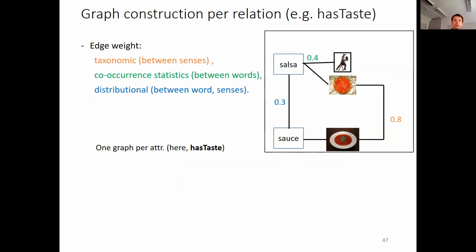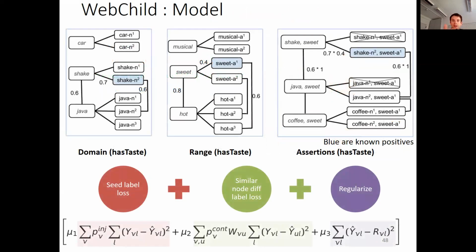So we can see that the salsa and the sauce co-occur a certain number of times. And then this can be fed into a joint optimization problem where in blue we have known positives.